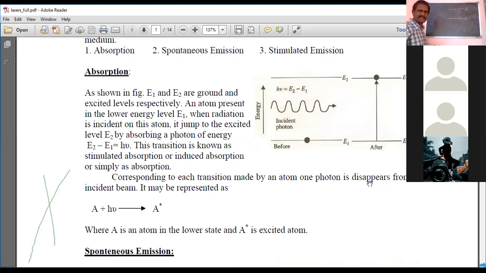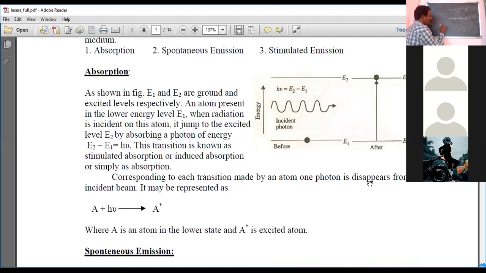These are the energy states for an atom, let us say the atom A.